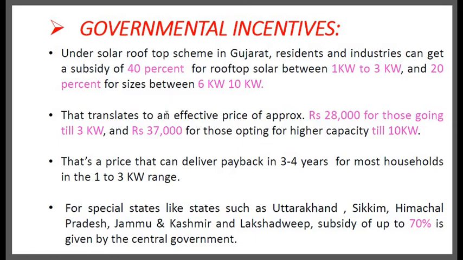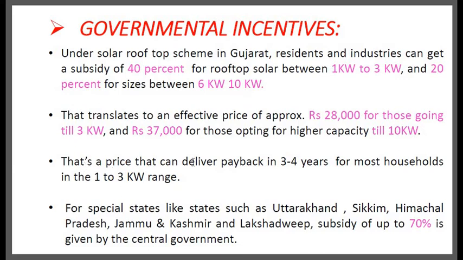That translates to an effective price of approximately rupees 28,000 for those going up to 3 kilowatt and rupees 37,000 for those opting for higher capacity up to 10 kilowatt. There are no subsidies above 10 kilowatt.